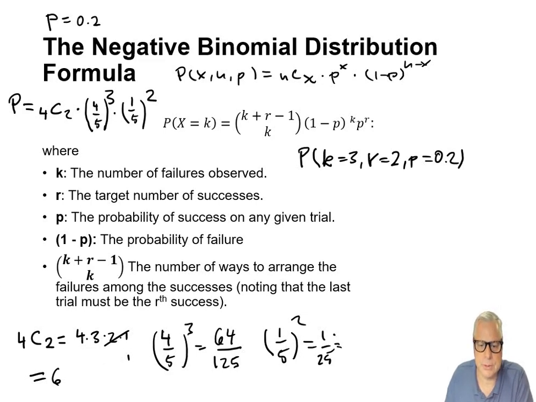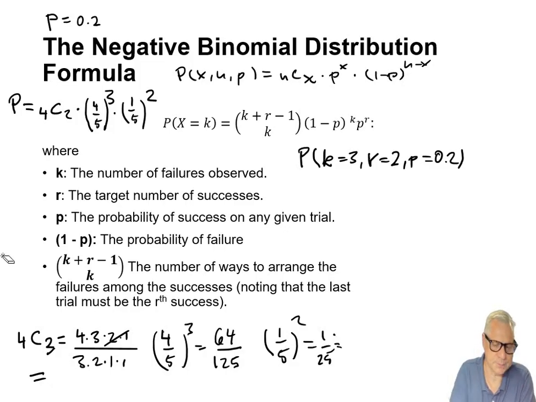So it's 4 choose 3: 4 times 3 times 1 over 3 times 2 times 1 times 1, so that is 4. There are 4 ways to score 3 goals from a penalty if you have 4 tries, because the 5th must be a miss.